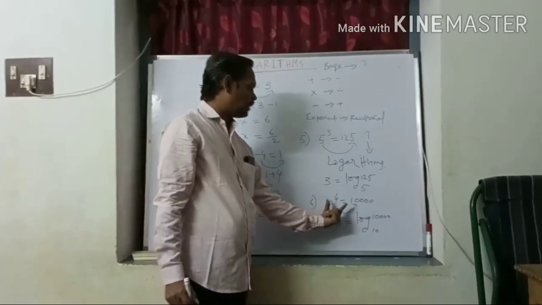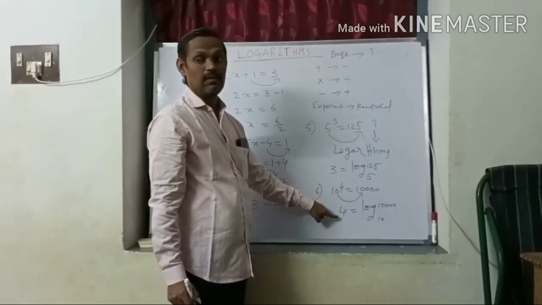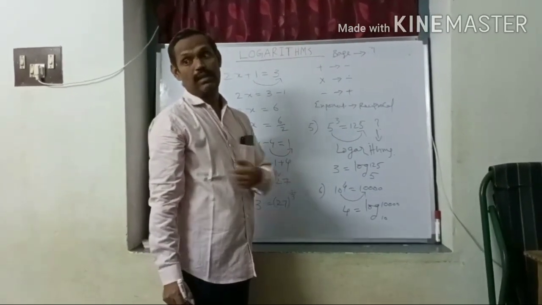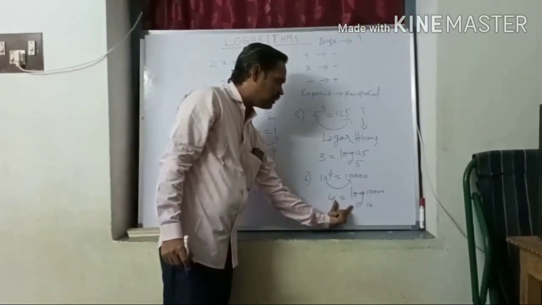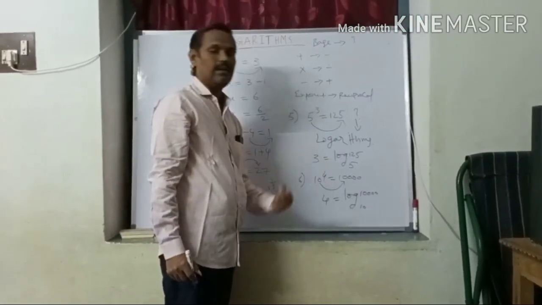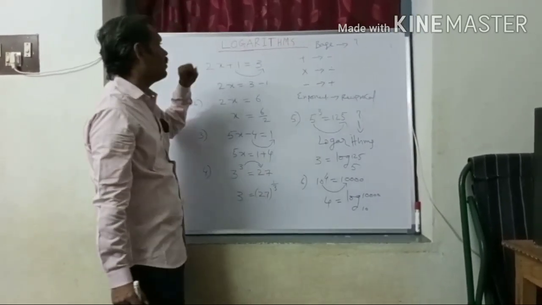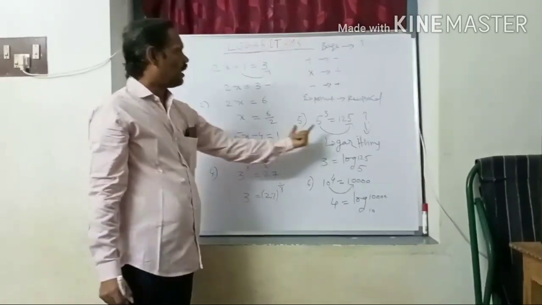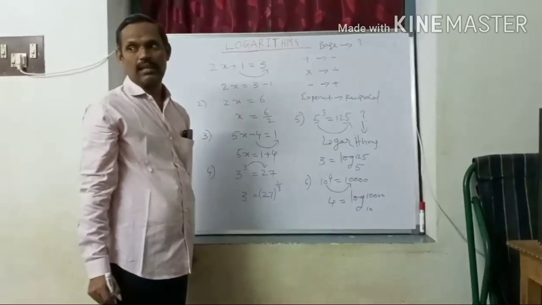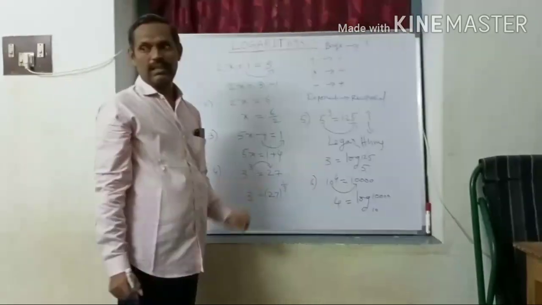Whenever you have an exponential equation, that exponential equation can be converted into a logarithmic equation. Or if you have a logarithmic equation, you can convert it into an exponential equation. So finally, we conclude that the logarithm concept is derived from the concept of the exponential equation while transposing the base from one side to another side.